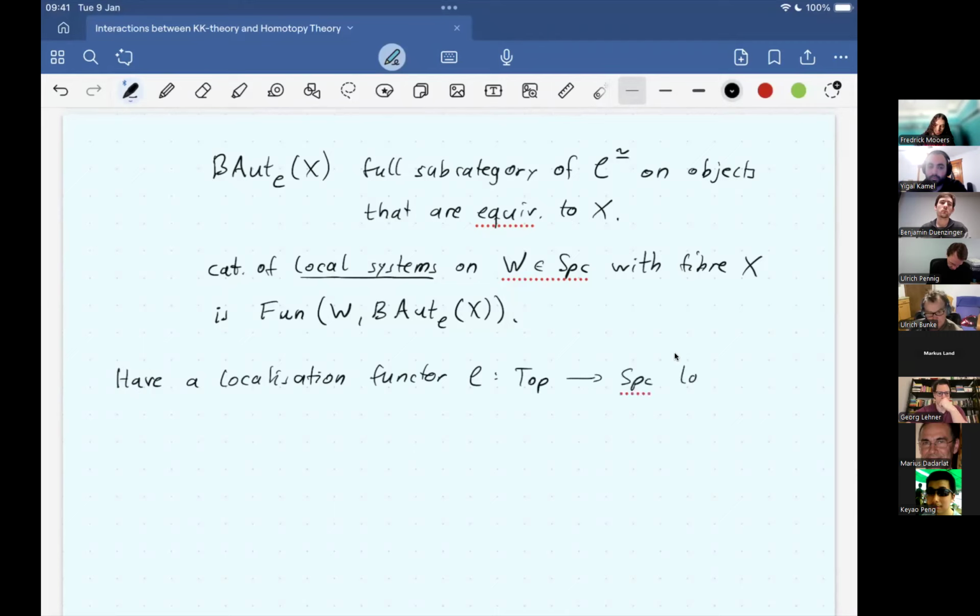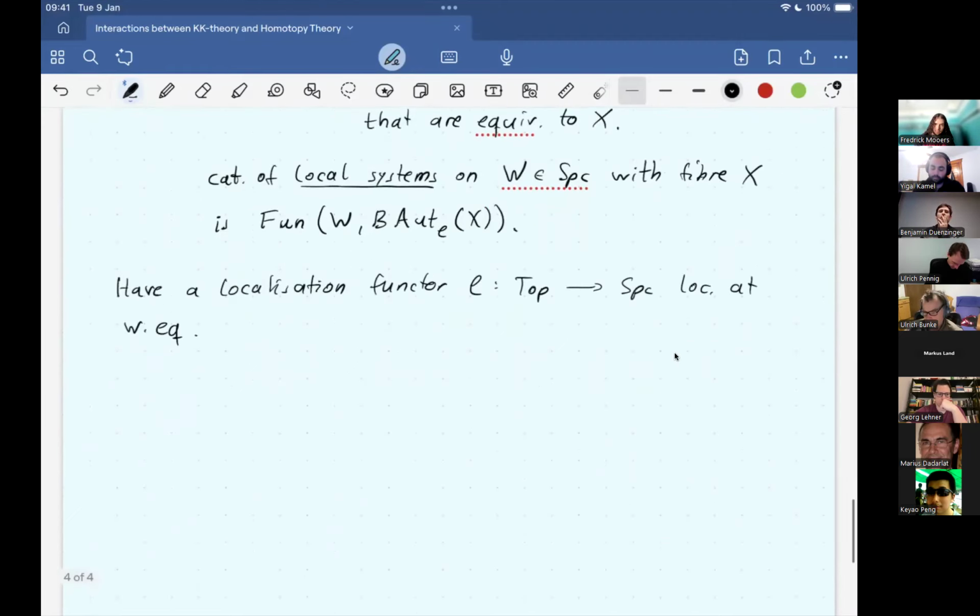And that's just the localization at the weak equivalences. And one can make the image of the topological space X under L a little bit more precise by using the following convenient description.